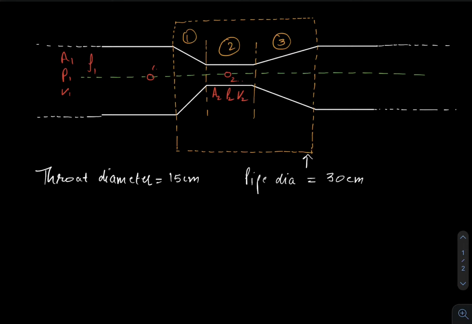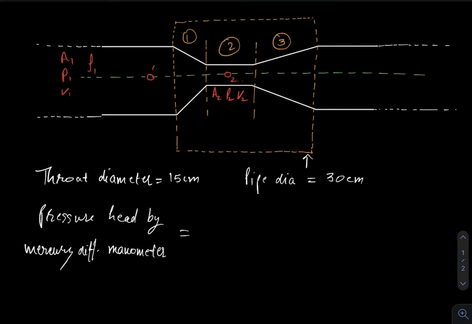It is the pressure head by mercury differential manometer. Okay, that is given. It is equal to 50 centimeter of Hg. Hg means mercury, right? So it is given in the question.